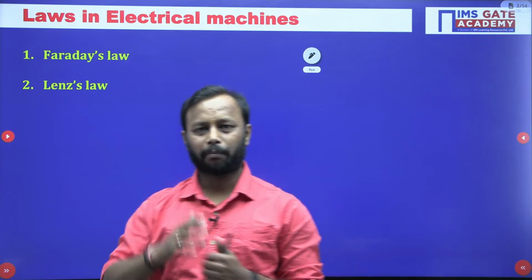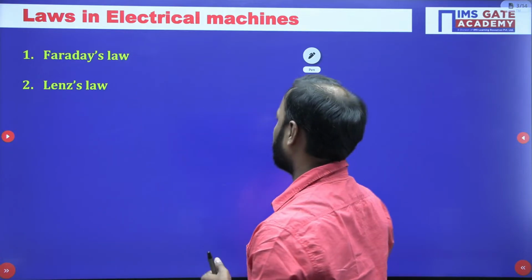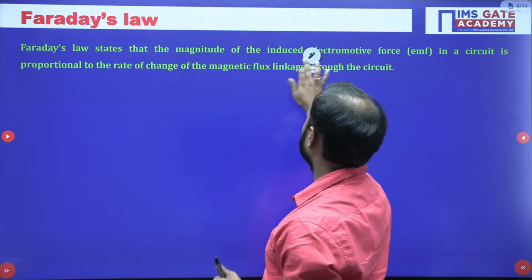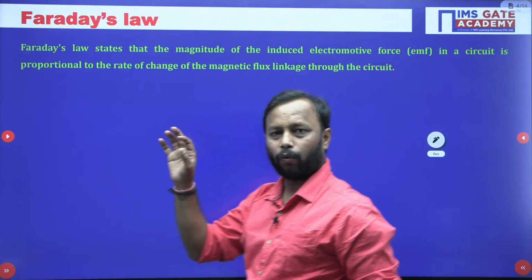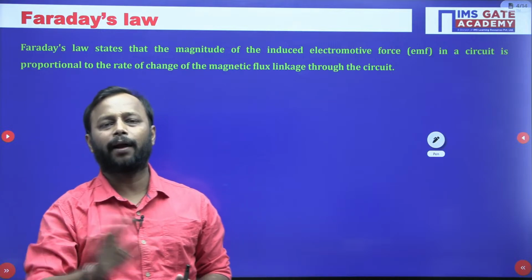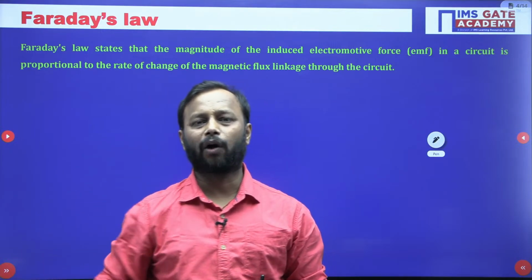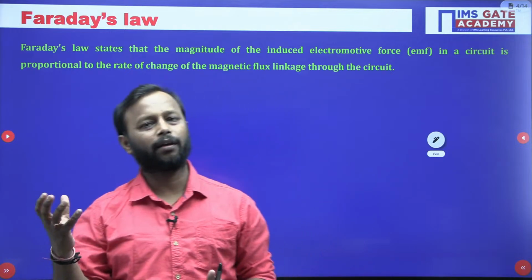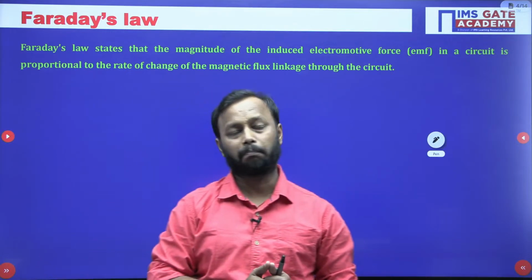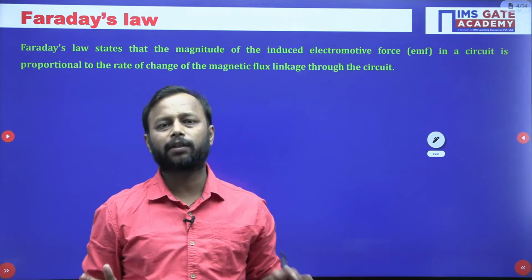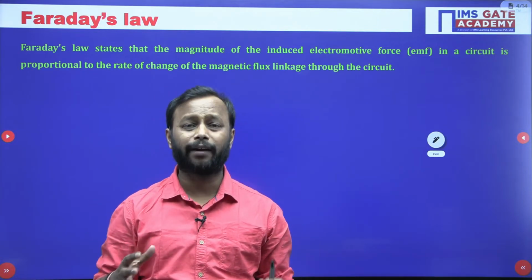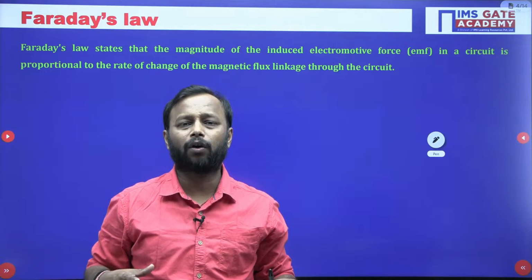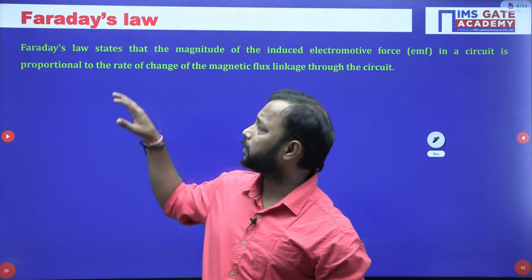Okay, so let us start with the first law, that is Faraday's law. One cannot imagine the electrical machine without Faraday's law. It is a very, very important law in the electrical machine. Whatever machine has been designed, all those things are basically hovering around this law.